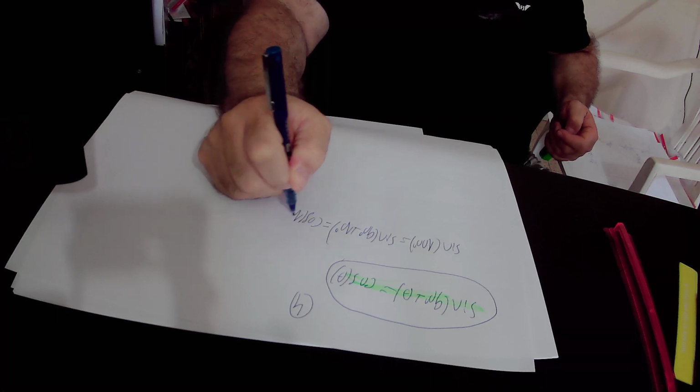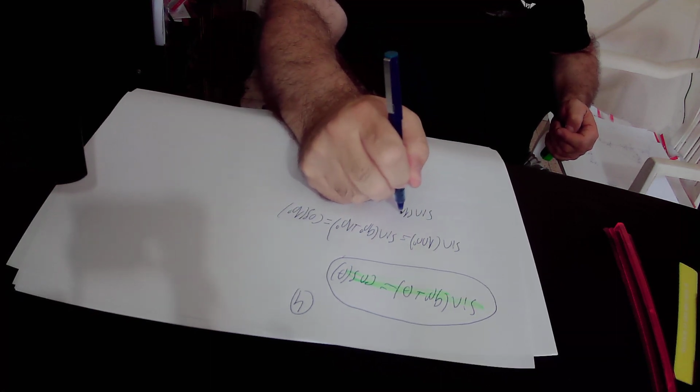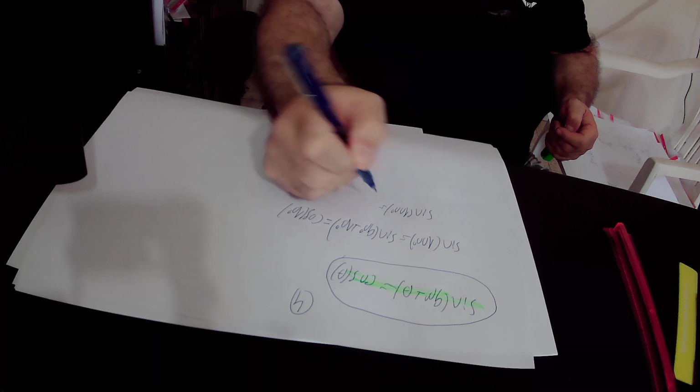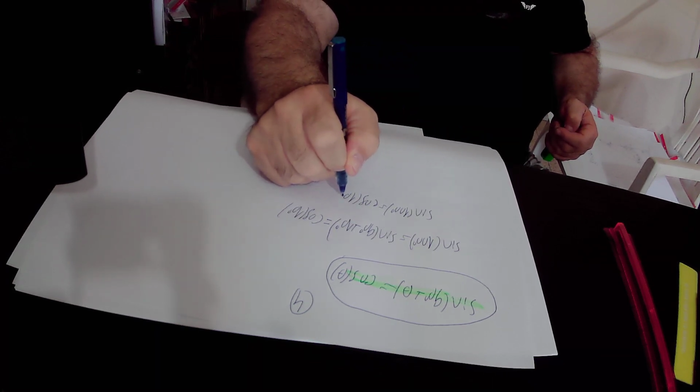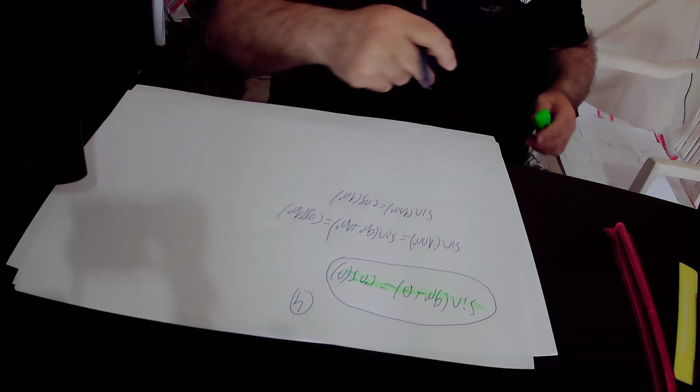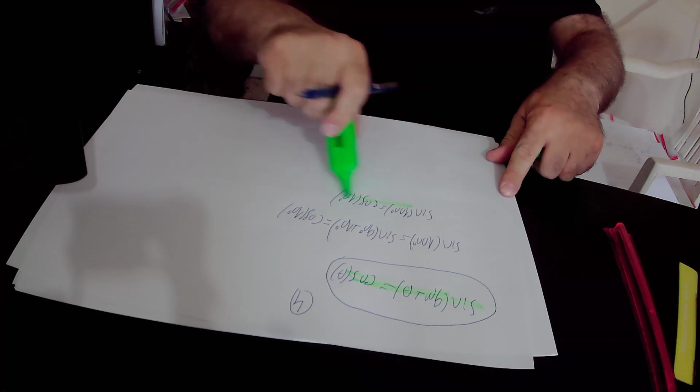So in conclusion, we found out that sinus 100 degrees equals cosine 10 degrees, therefore we'll substitute sinus 100 degrees by cosine 10 degrees in equation number 2.